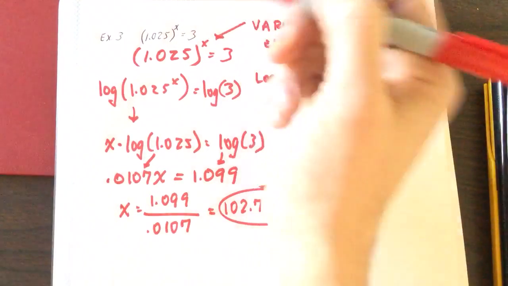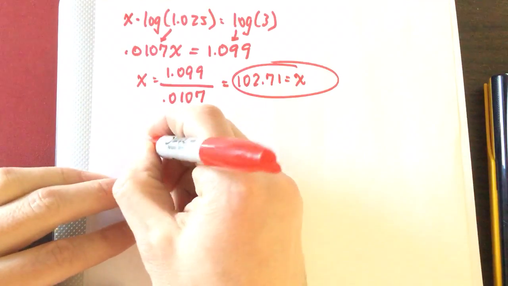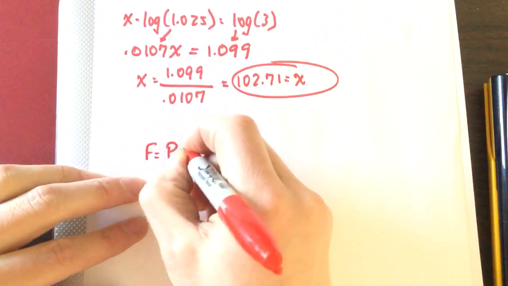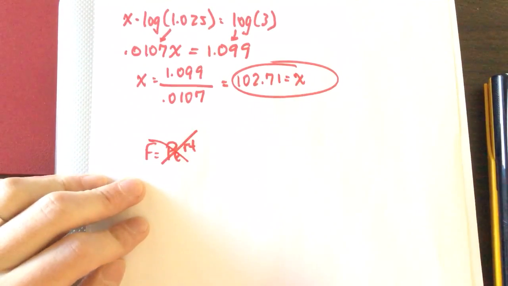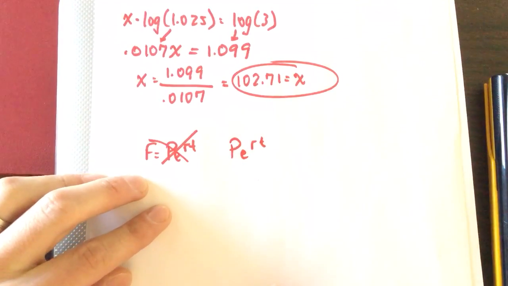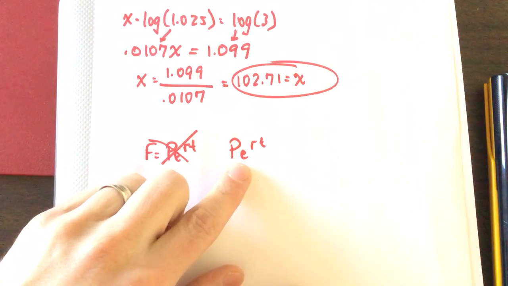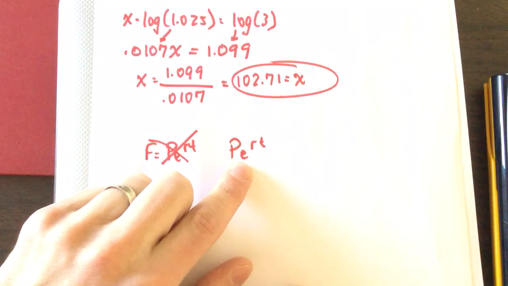Now, I keep mentioning compound interest. Last year, maybe you remember, what was it, PERT? Yeah. We are not using PERT. Nothing base e. Do you remember what PERT gave you? We would say it was continuously compounded interest.